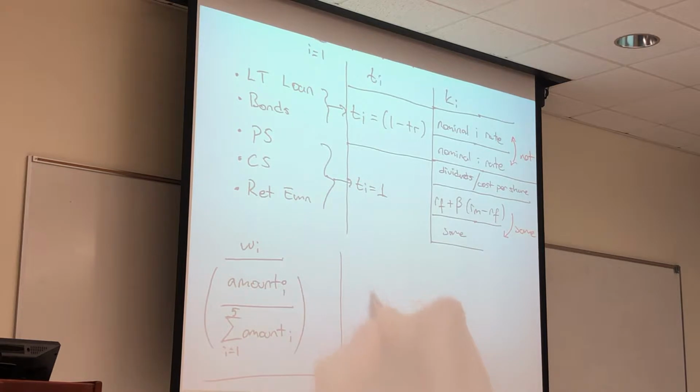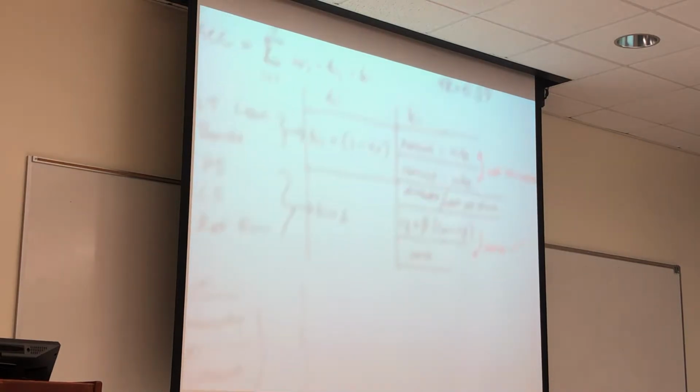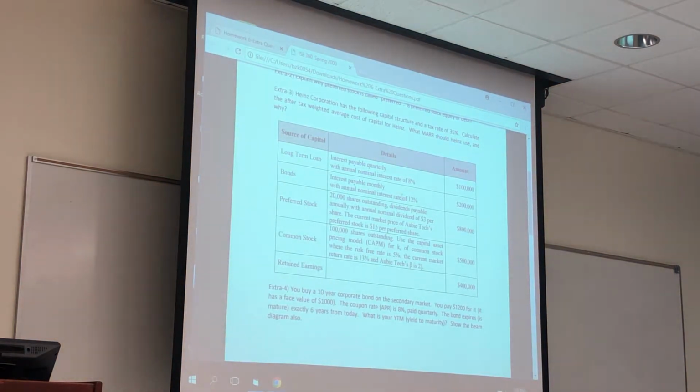Okay, for long-term loan, we're gonna do a tax rate of 0.35 right here. So we're gonna apply the tax rate here. Before we go on, we gotta find the summation: 100,000 plus 200,000, 800,000 plus 500,000, 400,000.